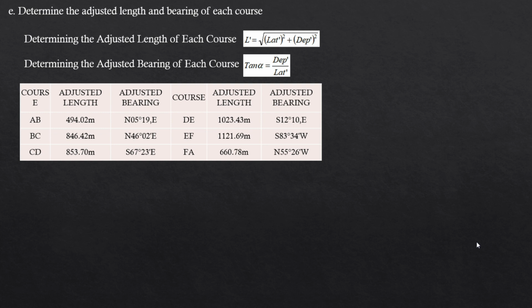So, to determine the adjusted length of each course, L or L prime is equal to yung adjusted latitude ng course na yon square plus yung adjusted departure ng course na yon square.